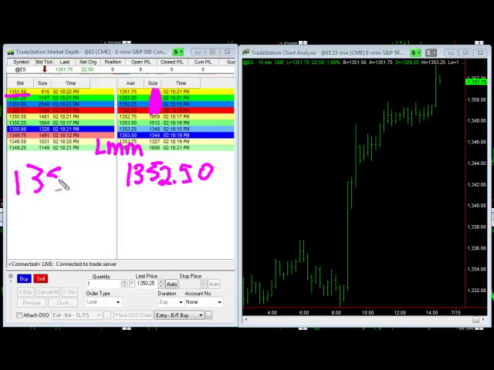If we left price behind, then we'd have 1351.50, or a difference of 1 whole point. The LMM steps in and puts a price in there, so that if someone says, hey, look, I want to sell right now, they put in a market order, the LMM is the one that's going to take that order.